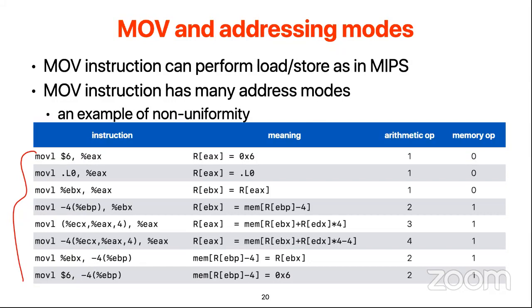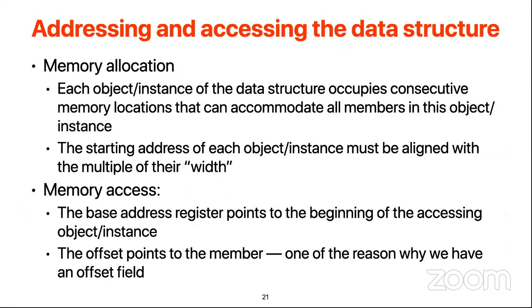You can use it to do load and store, and you can also use it to do load immediate or even add immediate, this kind of stuff. So it's really a very crazy instruction in x86 that you won't ever see in the MIPS instruction set architecture.